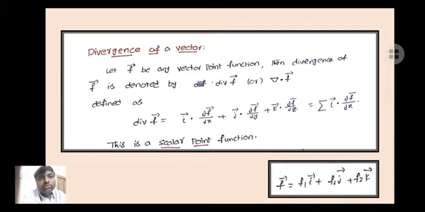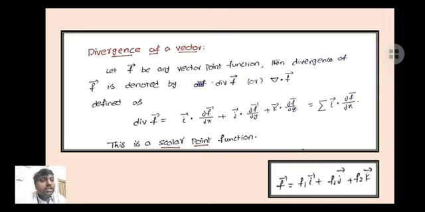Let f bar be any vector point function, then divergence of f bar is denoted by div f bar or del dot f bar, defined as div f bar is equal to i bar dot dou f bar by dou x plus j bar dot dou f bar by dou y plus k bar dot dou f bar by dou z. This is also written in the form of summation i bar dot dou f bar by dou x. So this is a scalar point function. The resultant must be a scalar point function.